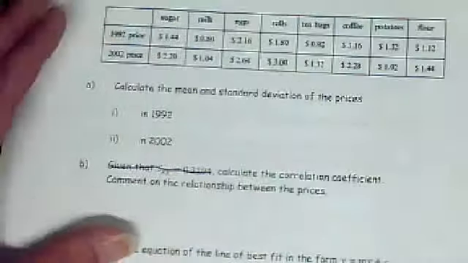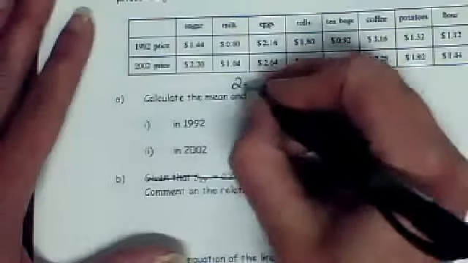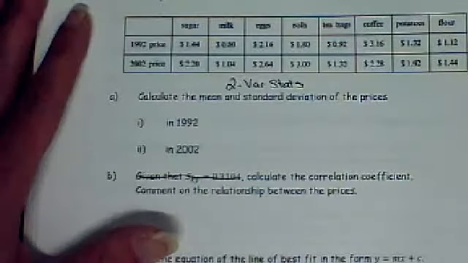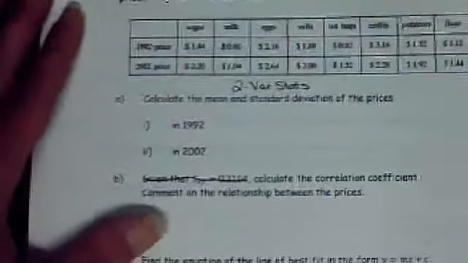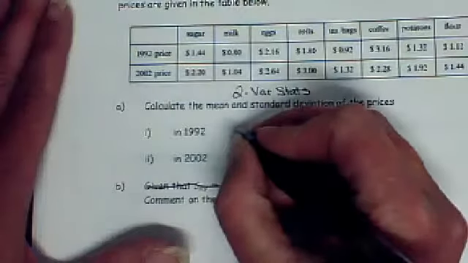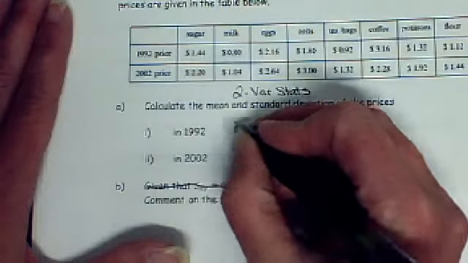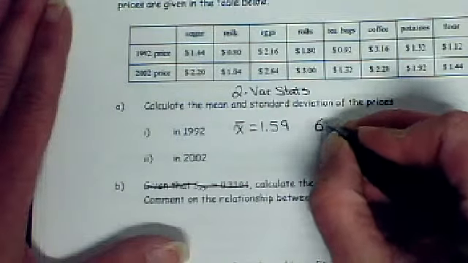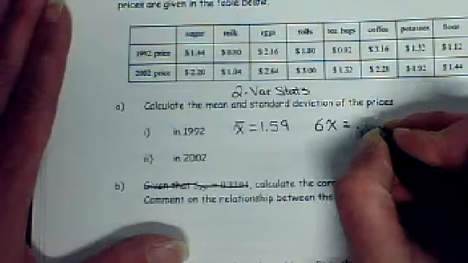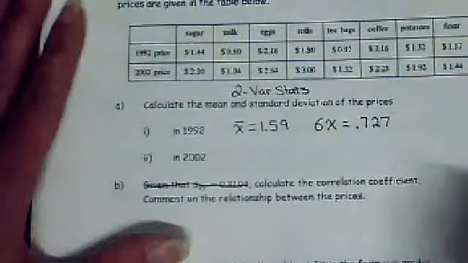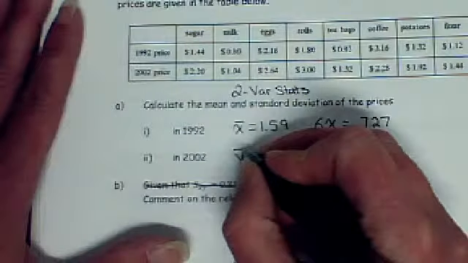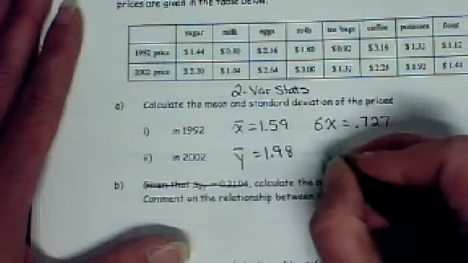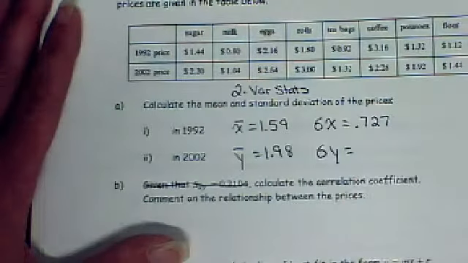So we'll make a note that to find these, again, that's under 2 variable stats. So if you press enter and go down to calculate, hopefully you'll get the same mean and you choose the right standard deviation. And for the Y's, and the right standard deviation.